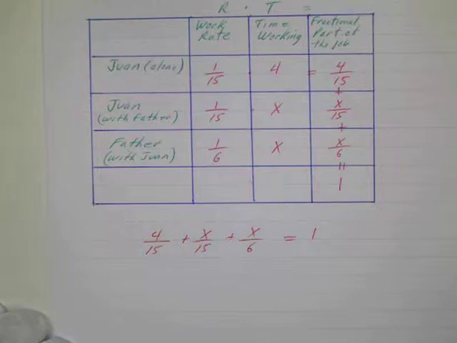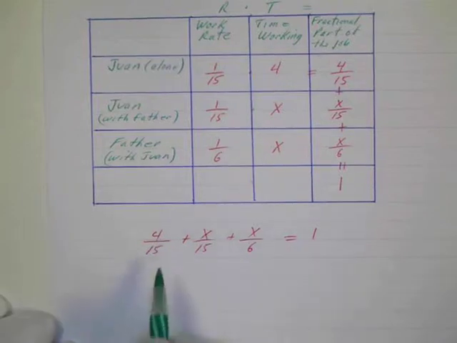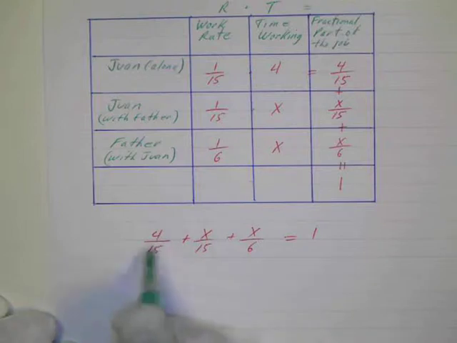Now we've got to figure out what the LCD is. Usually when you're learning fractions, what your teachers should tell you is that when you have several denominators and you want to find the least common denominator, always try the biggest one, and then see if the other denominators divide into that. The biggest one is 15. 15 goes into 15, but 6 doesn't go into 15.